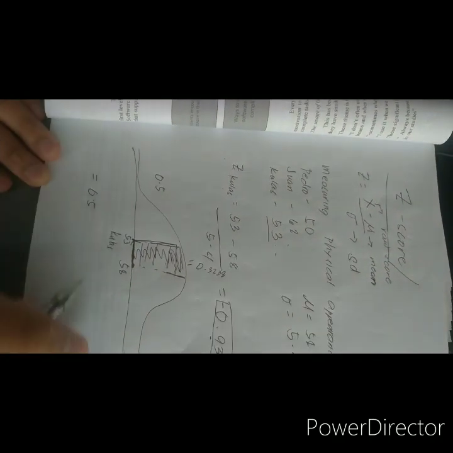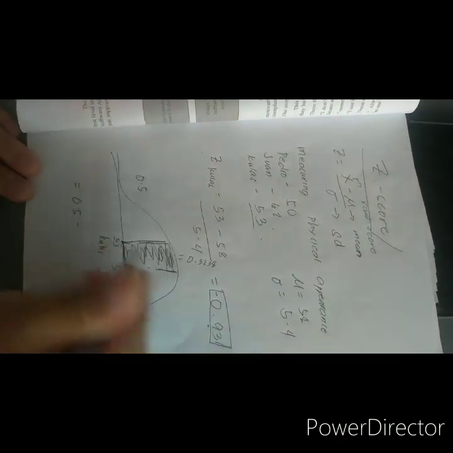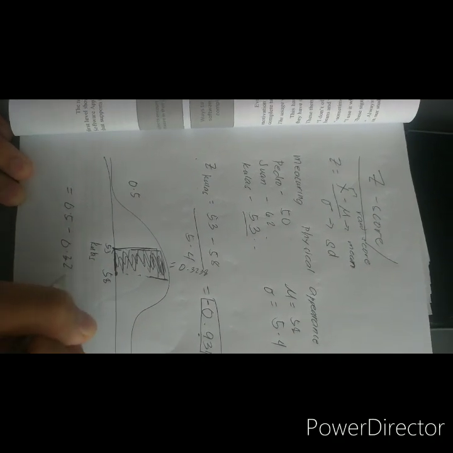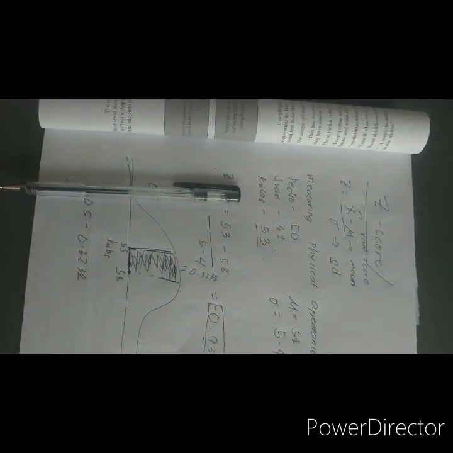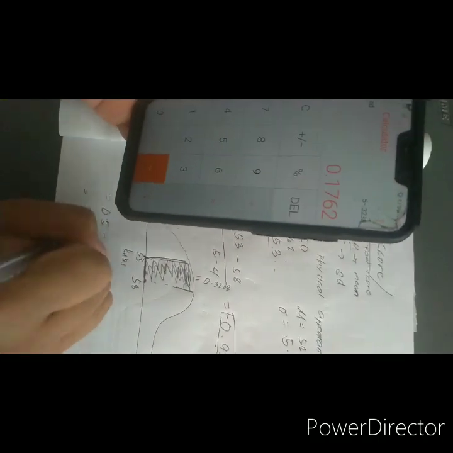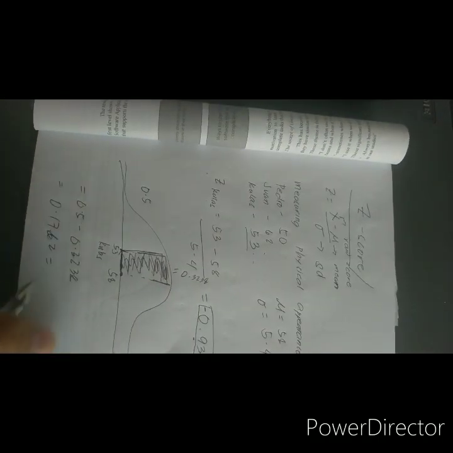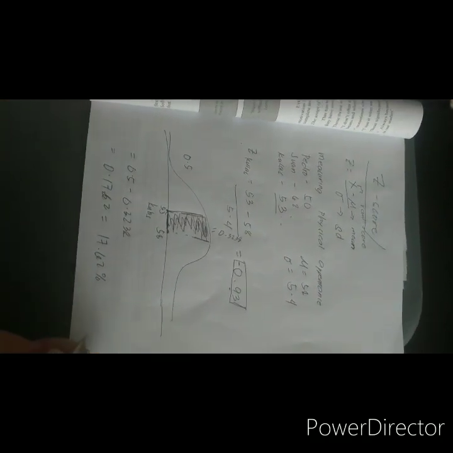So, 0.5 minus itong area na ito, kasi nga ito lang yung mas mataas kay Kulas. So, 0.5 minus 0.3238 equals 0.1762. So if we are going to convert that to percentage, we have 17.62% ang natalo ni Kulas.